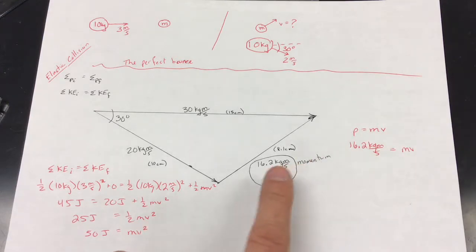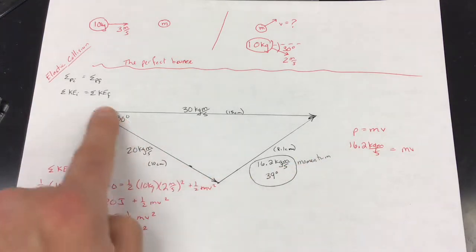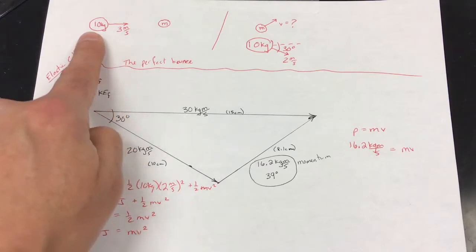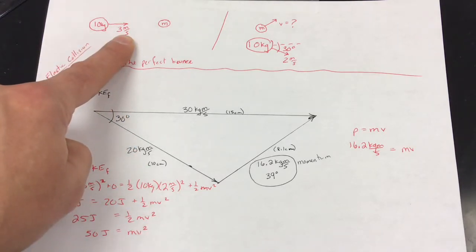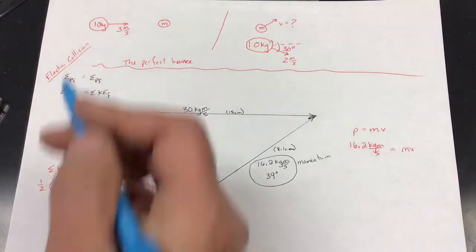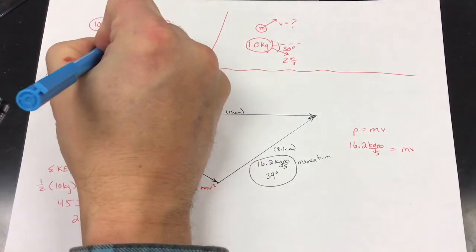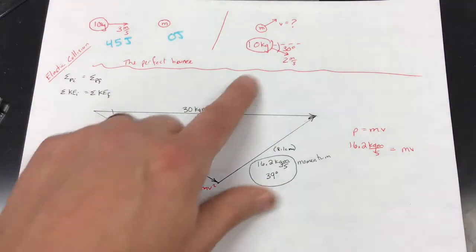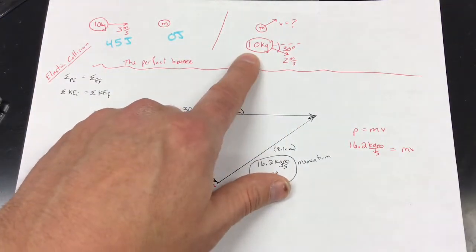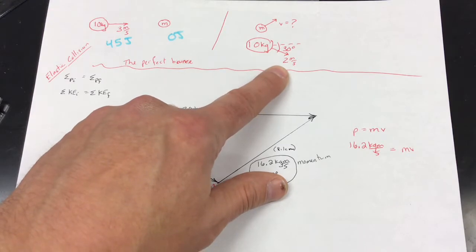You could also, rather than doing all this algebra, using that principle, just calculate the kinetic energy. 1/2 the mass, which is 5, times v squared, 9. 9 times 5 is 45. So you can do this up here, different color pen, 45 joules, 0 joules. And then over here, 1/2 times the mass, 5, times 2 squared, 20.